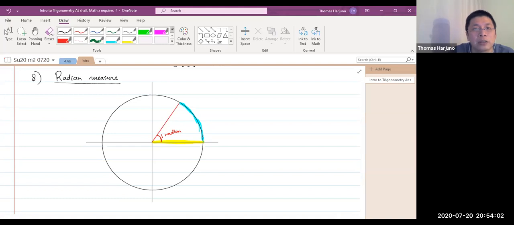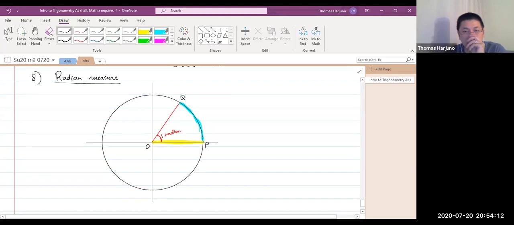So let's call this the center O, and this is P, this is Q. Okay, so 1 radian is defined to be the central angle such that the length of PQ, the arc PQ, is equal to the radius.